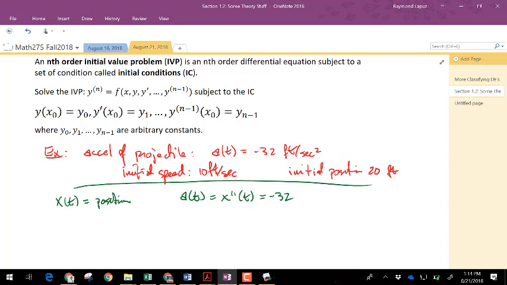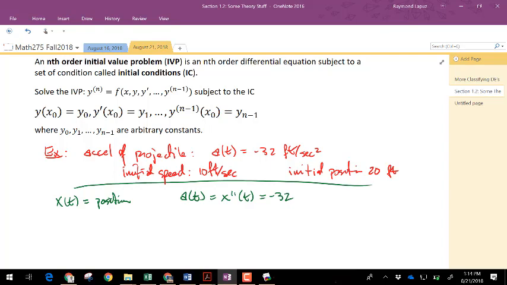Why is it linear? Oh, you're going to say nonlinear also? I think it's linear because remember, it's nonlinear if any of the functions that you're solving for, in this case x of t, is being composed with another function.